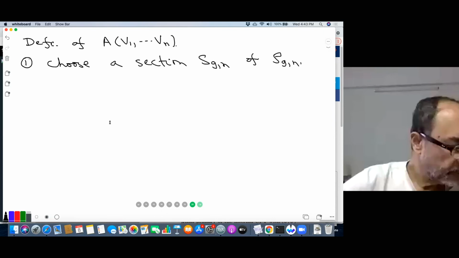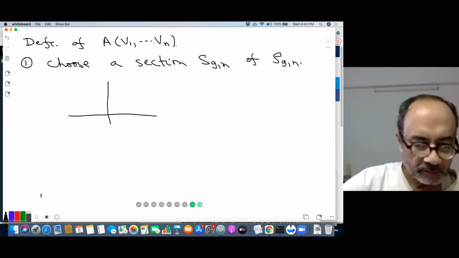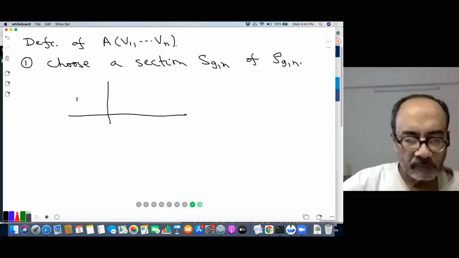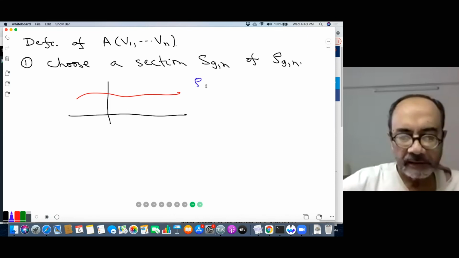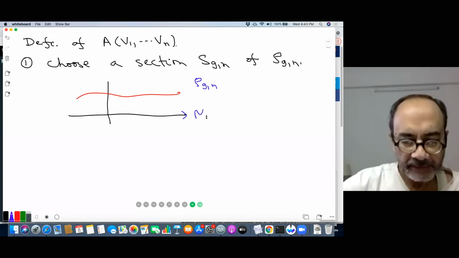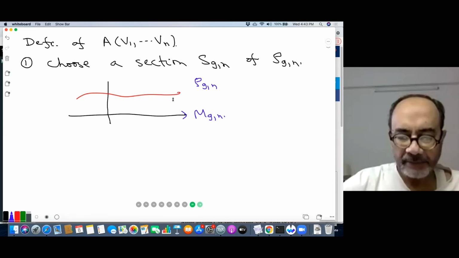Section means that you choose some section. So this is our P g n, and here is M g n. The section has the same dimensionality as M g n, that's 6g minus 6 plus 2n.